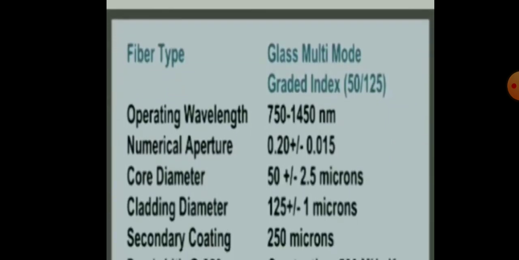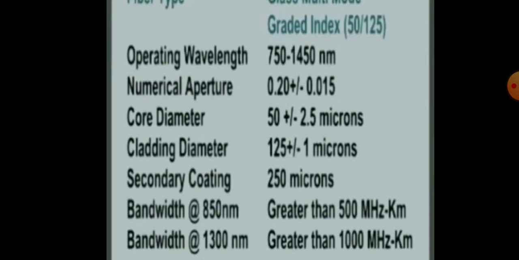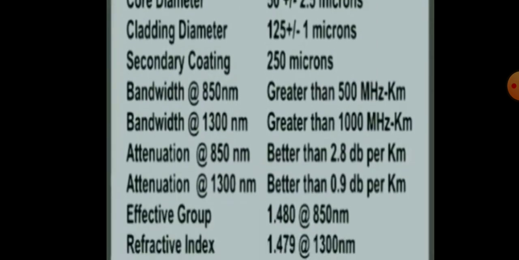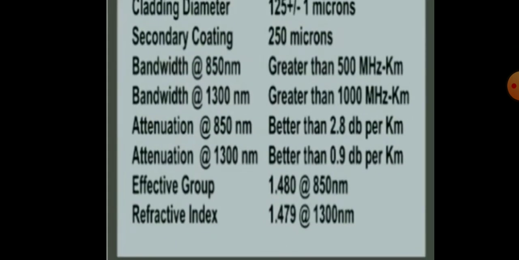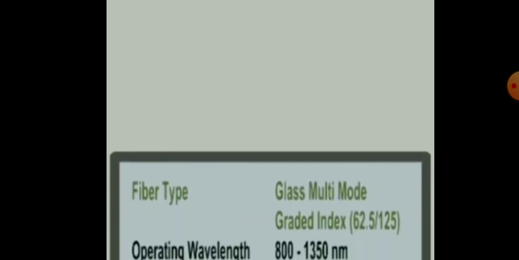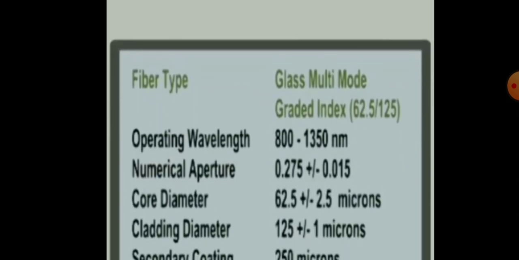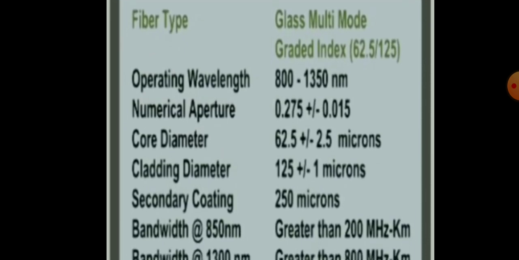If our calculated V number is greater than 2.405, then the mode is called multimode. This is another multimode graded index specification. It is optional.